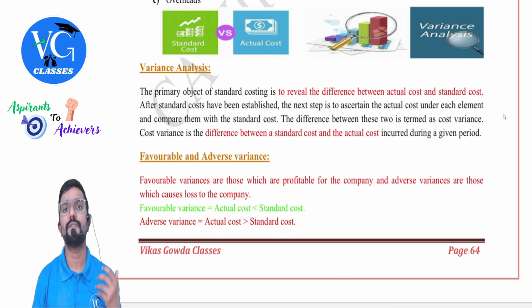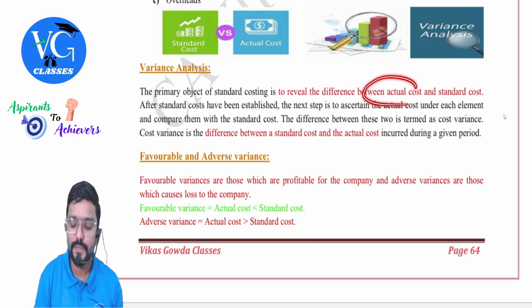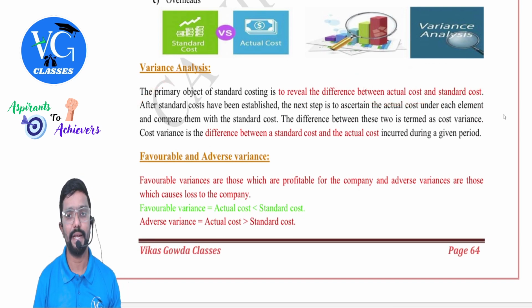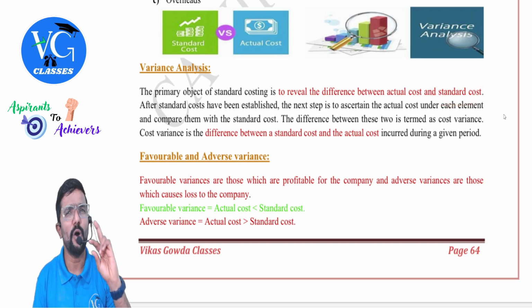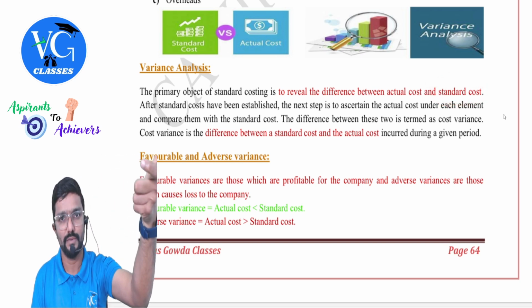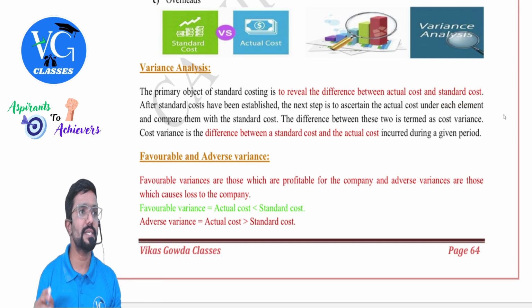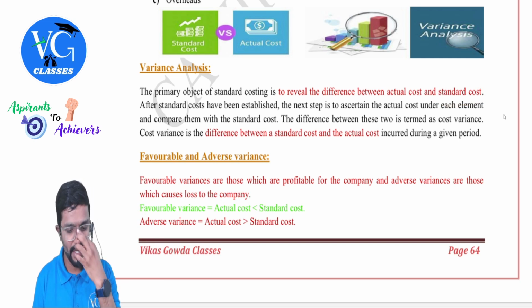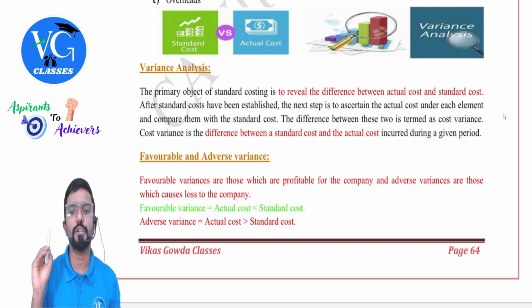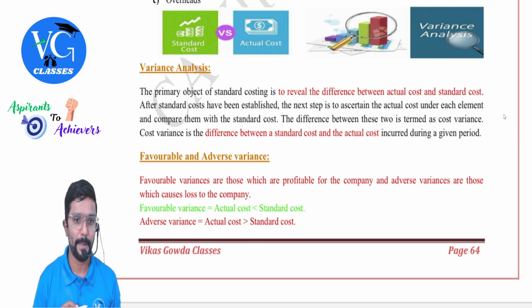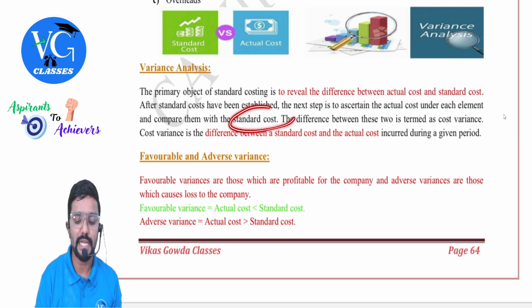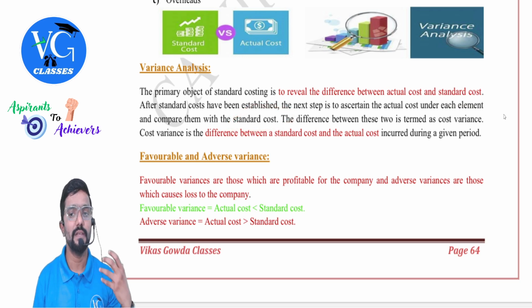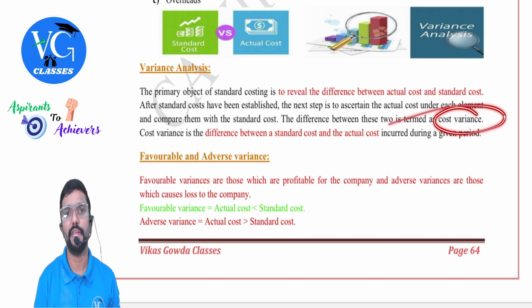The primary object of standard costing is to reveal the difference between actual cost and standard cost. Standard cost is nothing but how much should have been my cost. It is like a target. After standard costs have been established, the next step is to ascertain the actual cost under each element and compare them with the standard cost. The difference between them is called cost variance.